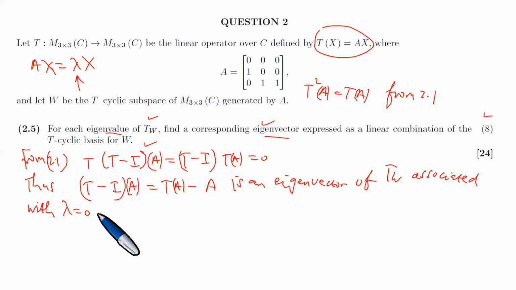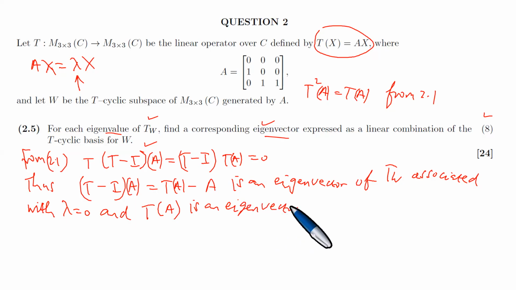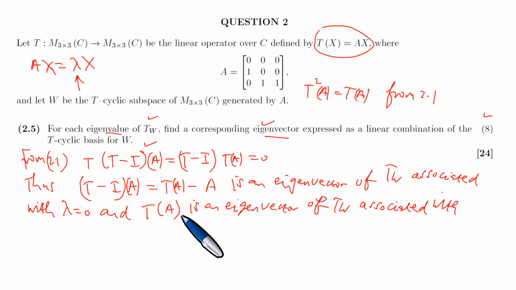Okay, we have this, and T of a is an eigenvector of TW associated with... okay, now we're speaking of T of a. What is T of a? And where do we see T of a?